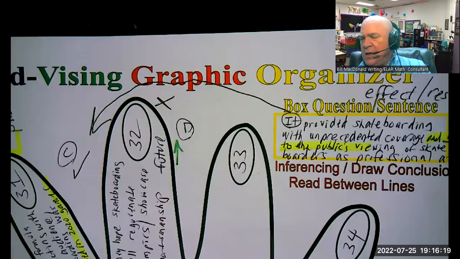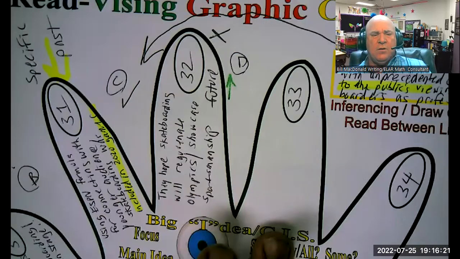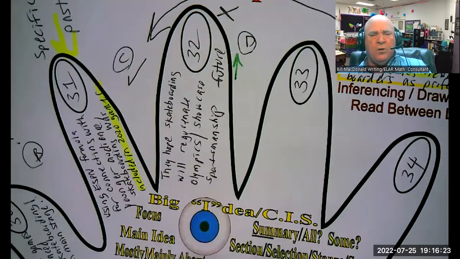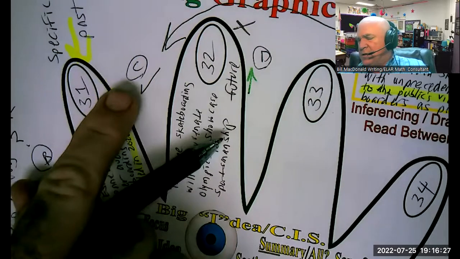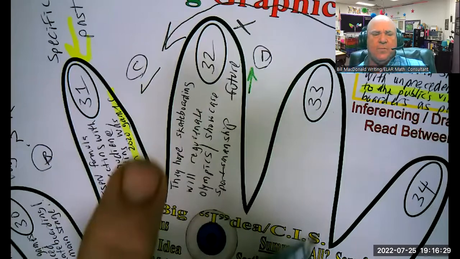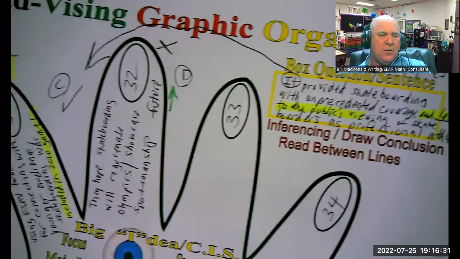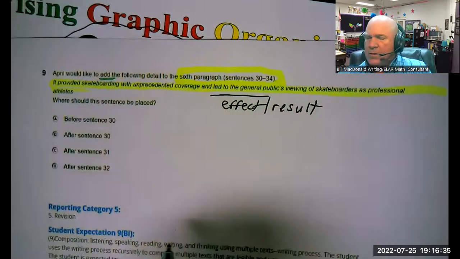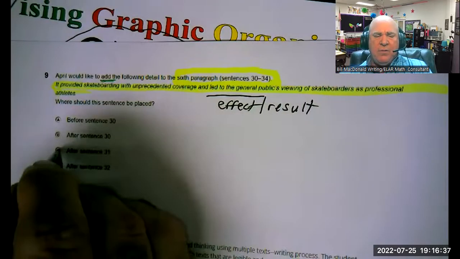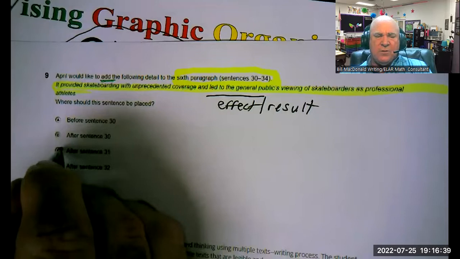So, based on the way we laid out the answer choices, the best place to insert that sentence is right there, letter C, after sentence 31, or you could say before sentence 32. Let's take a look at the answer choices. After sentence 31, and it doesn't say before sentence 32, it says after sentence 32.